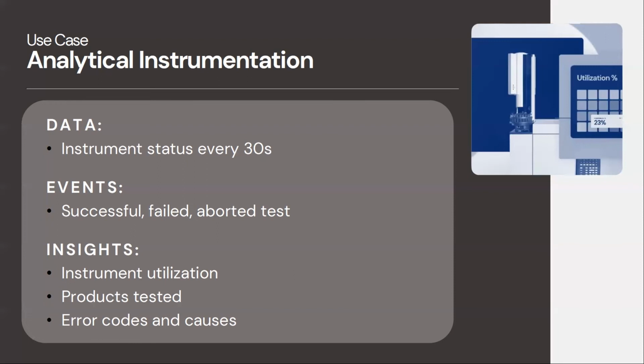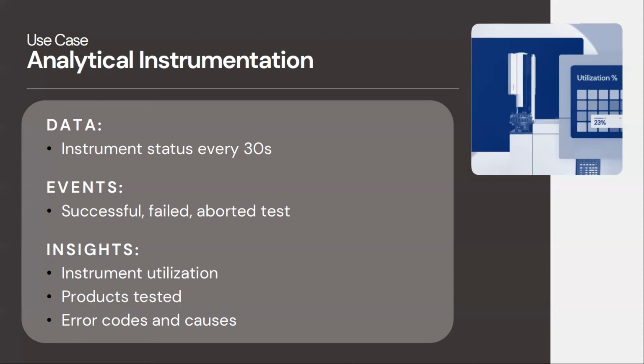For example, instrument utilization essentially is the amount of time it takes to do all the successful tests divided by the amount of time that's within, say, 2 shifts, 3 shifts over a certain time period. So, essentially it's doing BI analysis, right? It's pretty simple once you have the events. You can also count the number of products tested over a time period.